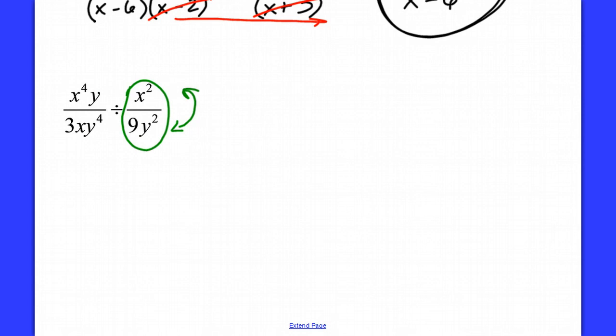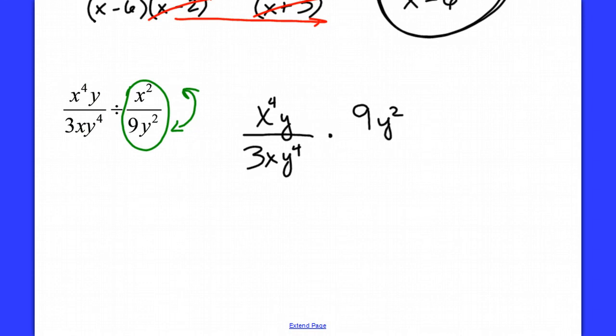So what we're going to have at this point is x to the 4th y over 3x y to the 4th times, notice that my division changed to multiplication now once we flip it over, 9y squared over x squared. And some of you have used the term keep, change, flip to break down that method.